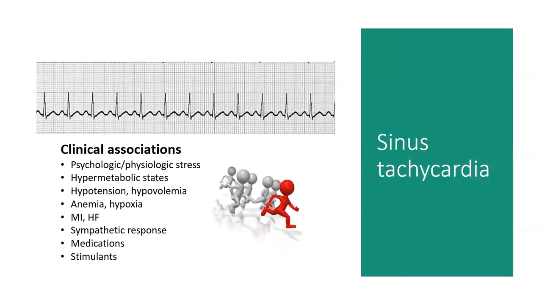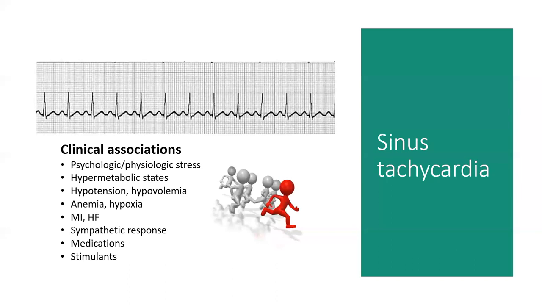The next one we've got here is our sinus tachycardia. So our ventricular rate and atrial rate are greater than 100. Ventricular rate and rhythm are regular, so we're not seeing any abnormalities there. QRS shape and duration is usually normal, maybe abnormal.